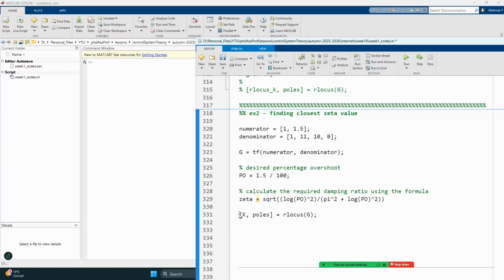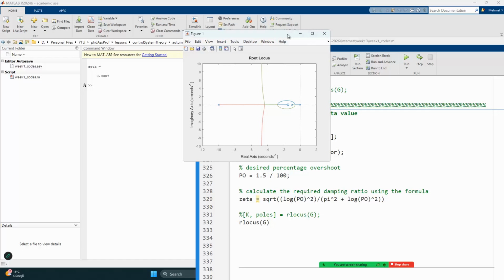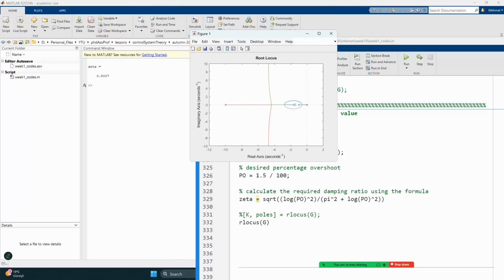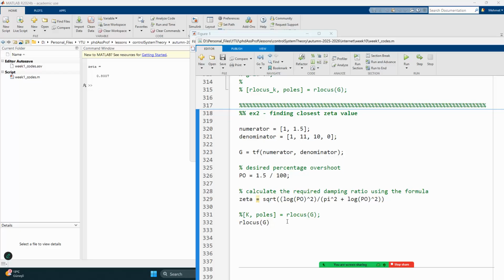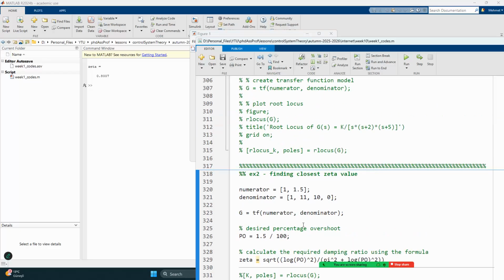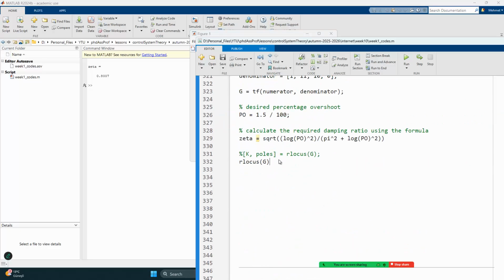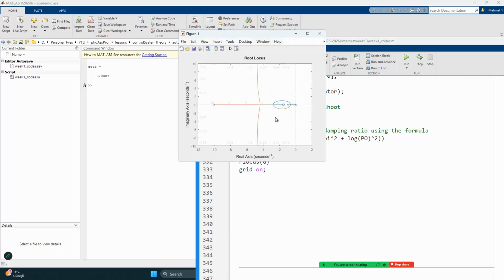But in these terms, we should draw the root locus in here. Okay, and so zeta is 0.8. And so how we can do that in this case? First of all, the grid on should be applied in here, just like this one. Okay, just see, this is 0.8.